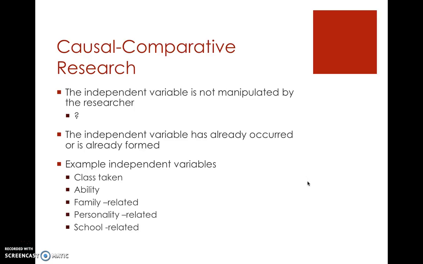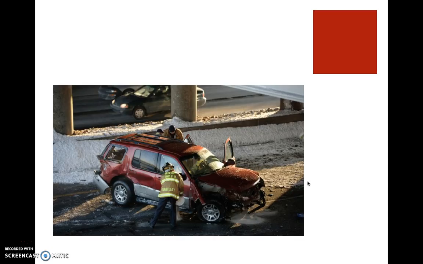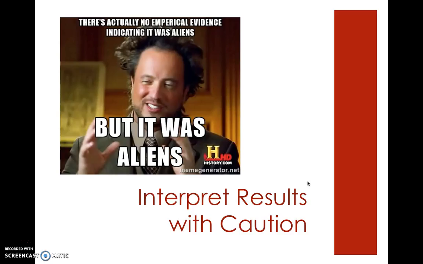So the independent variable is not manipulated by the researcher in this case. And with causal comparative research, though, it's not as strong as experimental research. And so that's why I have this aliens guy up here. So you have to interpret the results with a little bit of caution.